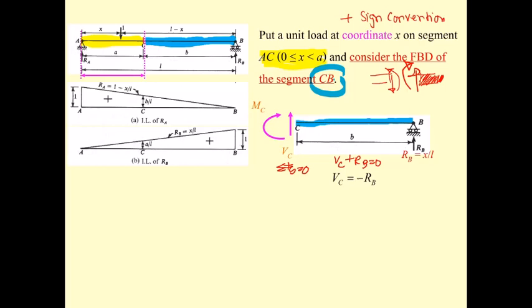So V sub C equal to minus R sub B. So if you consider this portion, we have the R sub B like this, and then we have V sub C equal to minus R sub B. That means we have the reverse of R sub B here, and then we have this for minus A over L, because this one is A over L.